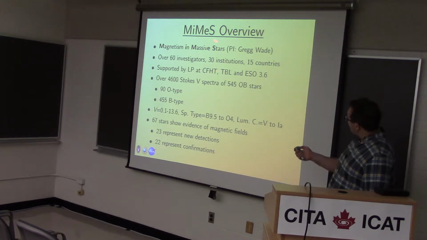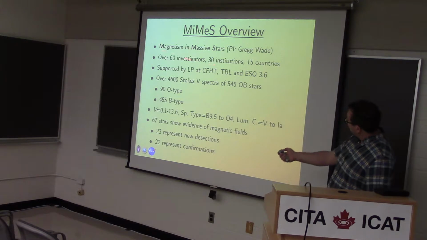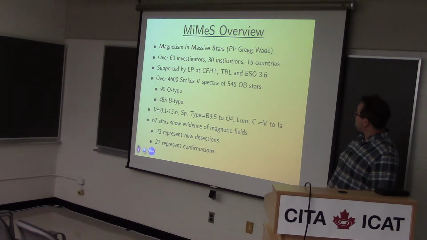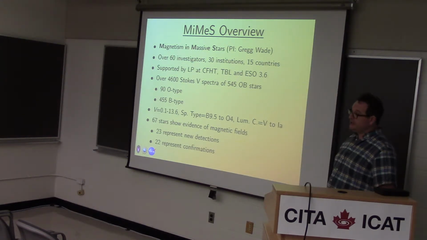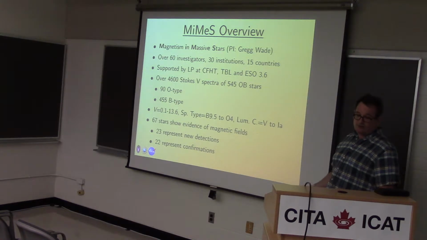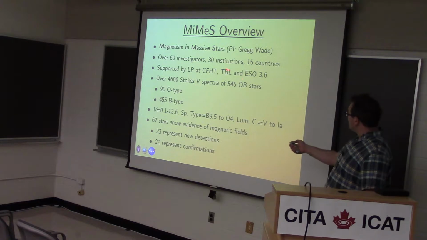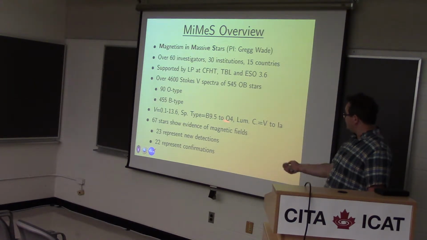And the MiMeS project, an acronym standing for Magnetism in Massive Stars, was awarded, I think, 600 hours at the CFHT plus additional time at other telescopes to take spectra of lots of massive stars and look for magnetic fields. So these are the details of the observing program, and generally the results were this.